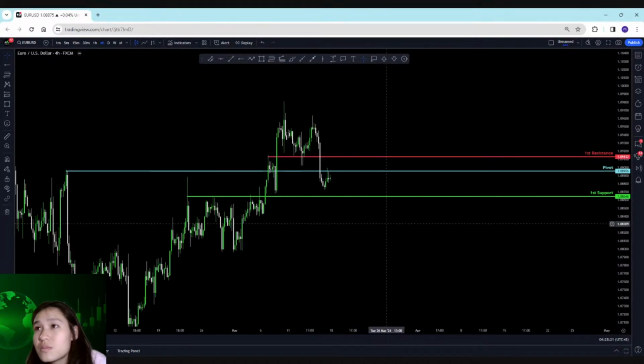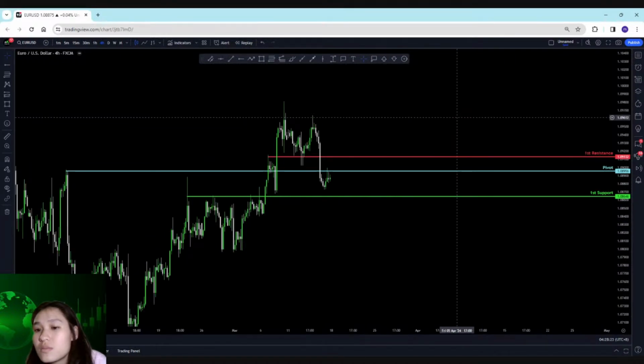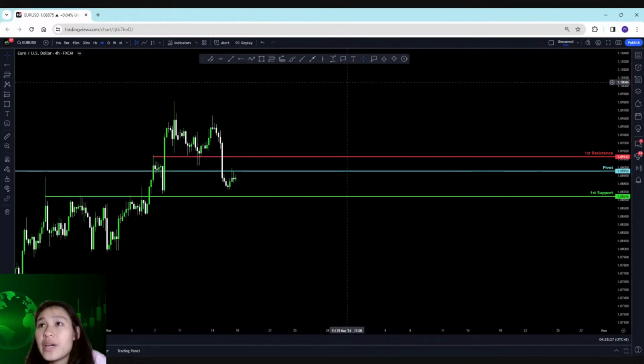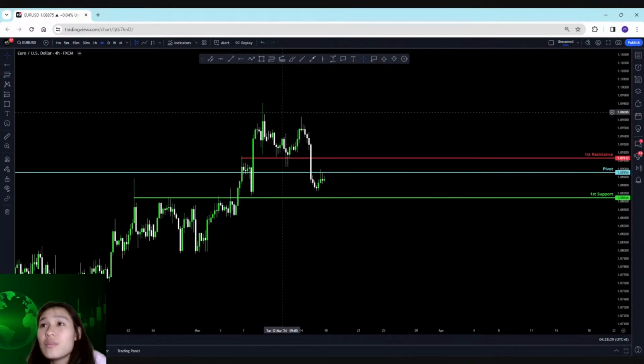Okay, we have this like bearish flag shape here.